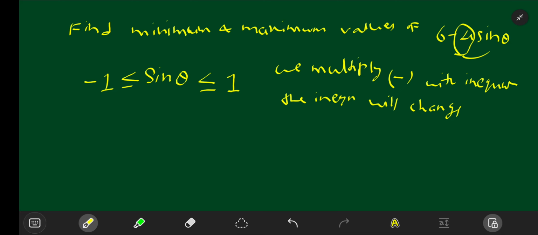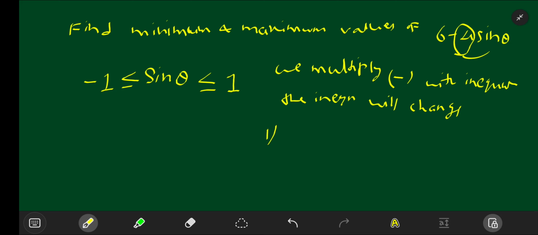That means when we multiply with minus, if it is less than, it becomes greater than, and if it is greater than, it becomes less than. Okay, you have to remember this. And in another case also, the inequation will be changed.